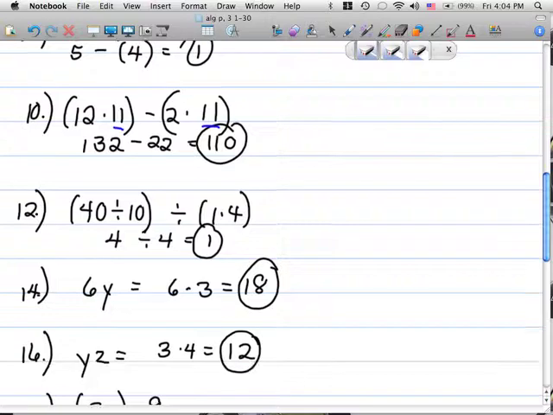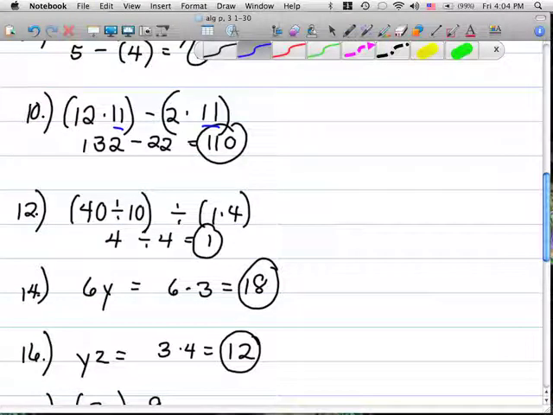Number 12, copy the problem down, and skip a line. You have 40 divided by 10, the quantity, divided by the quantity 1 times 4. 40 divided by 10 is 4, and 1 times 4 is 4, and 4 divided by 4 equals 1.